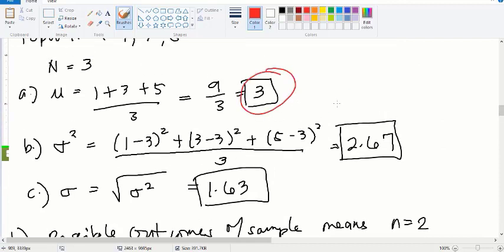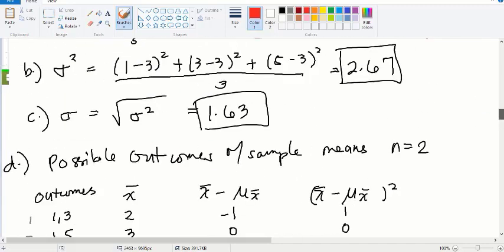That is why kanina, sa video lesson earlier, kaninang umaga, sinabi natin na ang sample, no, is actually a good representation of the population. Okay? You see, they have the same mean.